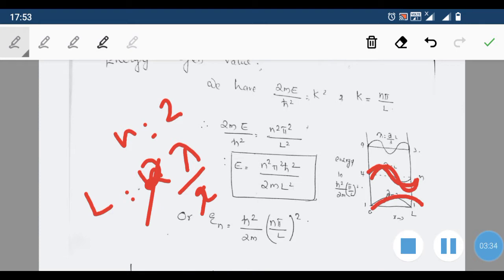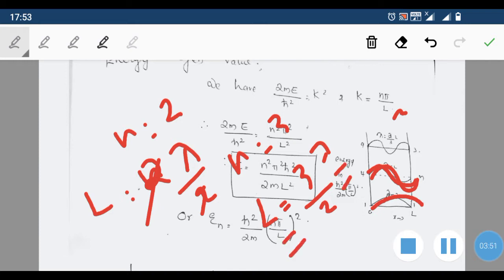And in the third case, for n is equal to 3, we have L is equal to 3 lambda by 2. So this total length contains 3 by 2 wavelengths. That is the third case, represented in this figure.